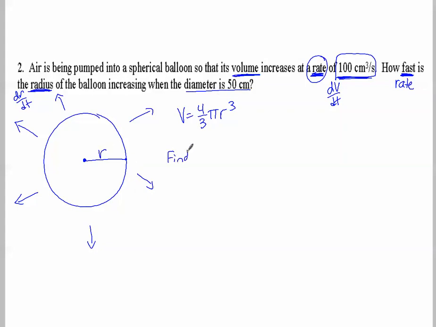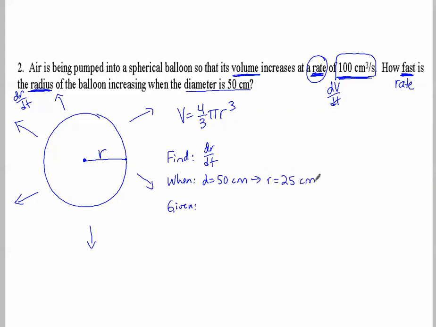Let's list our find and given. What are we trying to find? How fast, that's a rate, is the radius of the balloon increasing? So my find is dr/dt. How fast is the radius, the rate of the radius? When the diameter is 50, well, I could say when d equals 50 centimeters, but if my equation, my picture, doesn't have anything to do with diameter, I'd like to change that to what it does have to do with.